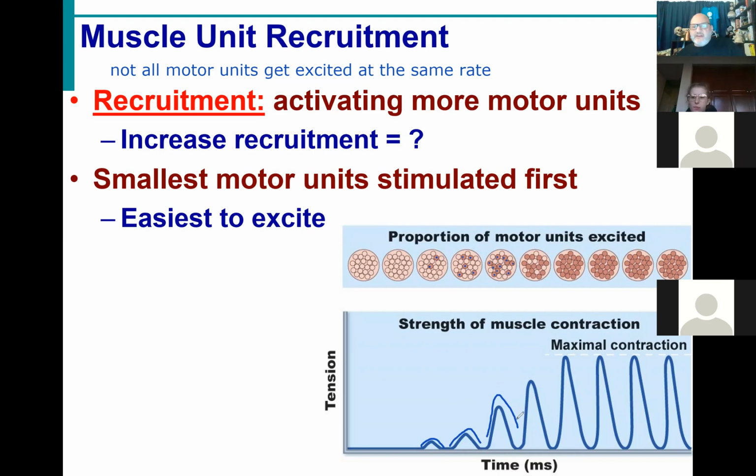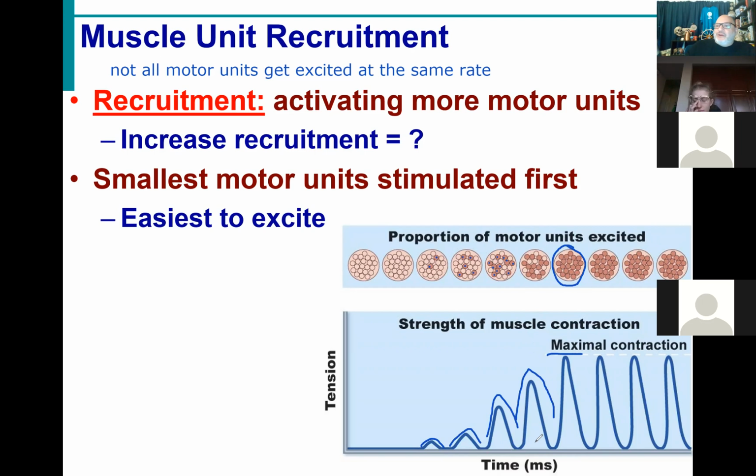And then I add another motor unit until I am stimulating all the motor units in that fascicle. At that point, all the muscle cells are stimulated, contracting and relaxing together. And I produce the maximal tension that I can with that one fascicle.